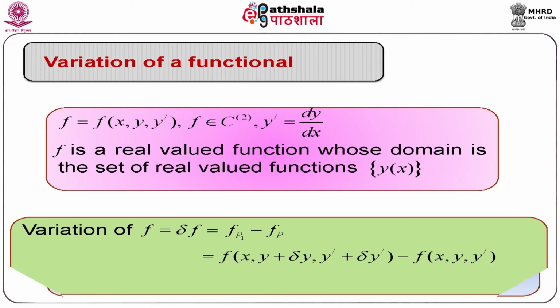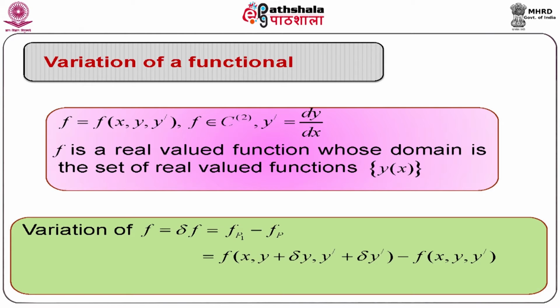Variation of a functional. A real valued function f whose domain is the set of real functions y function of x is known as a functional. One can say that it is a functional of a single independent variable, since x is the only independent variable here.